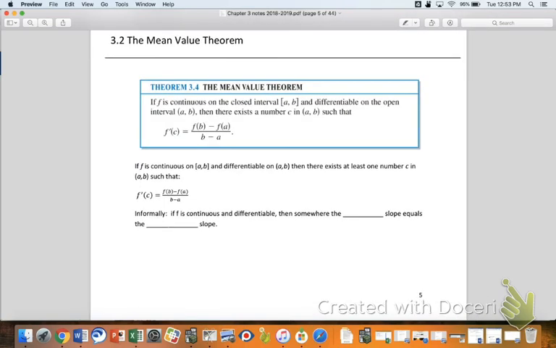All right, so here's the mean value theorem. I'm going to read this to you, and I'm going to try to draw the connection back to the speed trap project. So here it goes. If f is continuous on a closed interval, a to b, and differentiable on the open interval, a to b, do you remember, drivers, your excuse that you eventually came up with was, we have a car that can teleport.